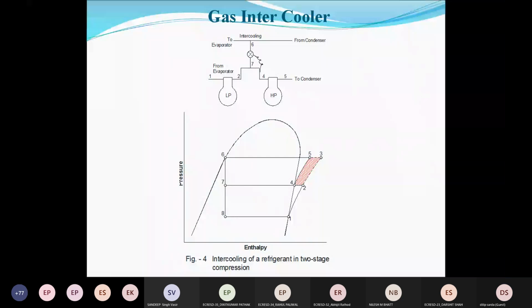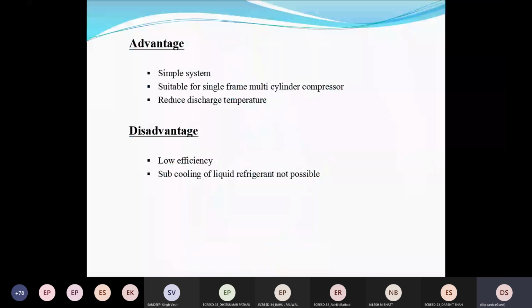Of course, a metering system is required to control how much injection should be done, and that's why you can see one sensor has been provided which can measure traces of liquid passing through the line, and the thermostatic expansion valve bulb sees that the high pressure compressor should not have any liquid hammer. Advantage of this system: it is a very simple system.